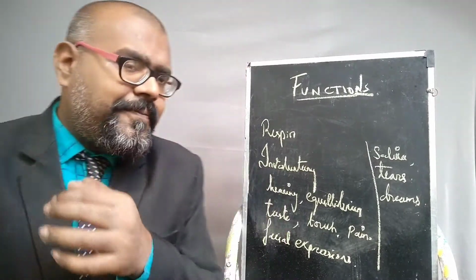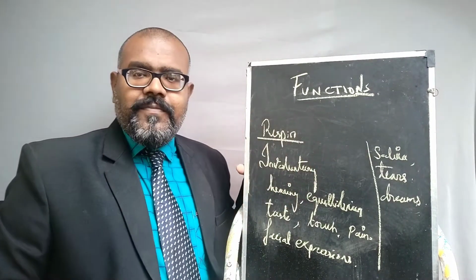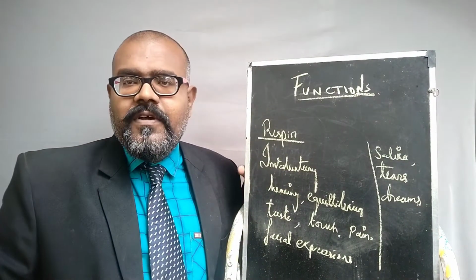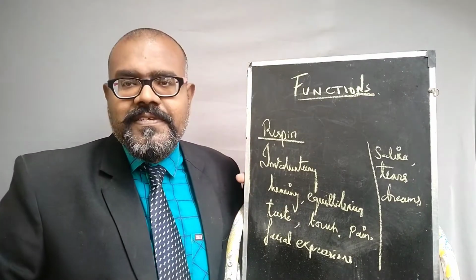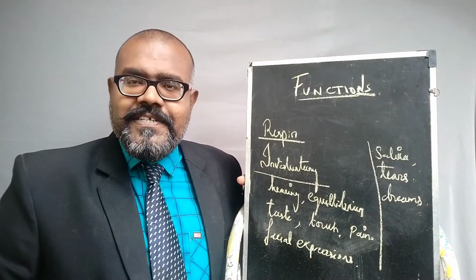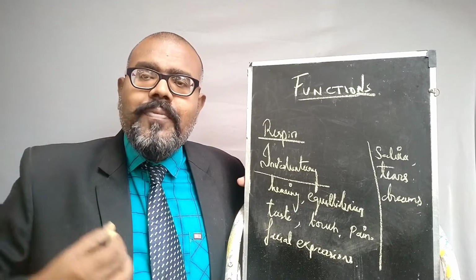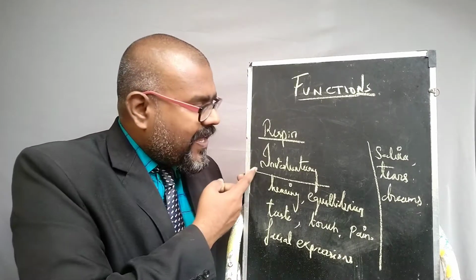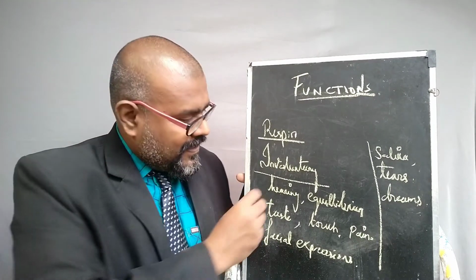What are they? Your breathing, that is respiration, can be controlled by the presence of this pons. Then involuntary actions, apart from the voluntary actions controlled by the cerebellum, all the involuntary actions can be controlled by this particular pons.